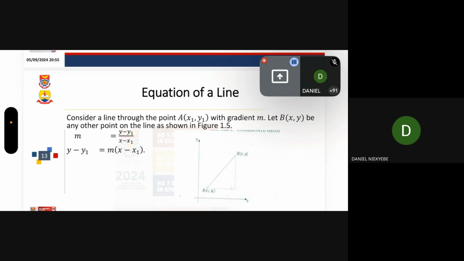Now the next one, we want to find the equation. You know the relationships, but you should know when to apply them. Mostly students will complain that they were taught how to find the gradient of a line, how to find the equation of the line, and the relationship between gradients of lines, but in the question, we are given something else.